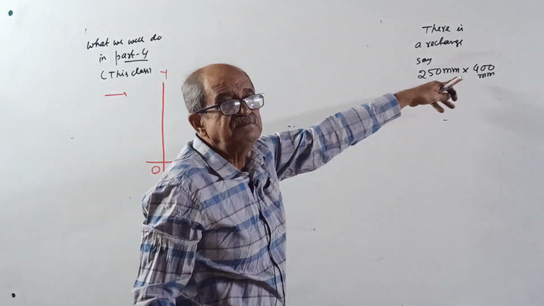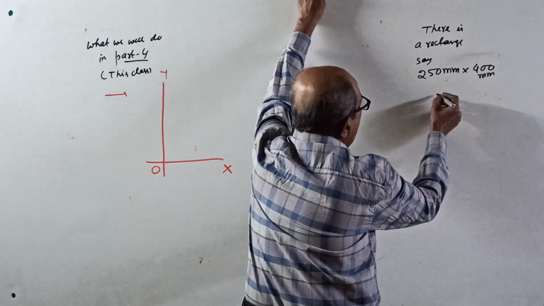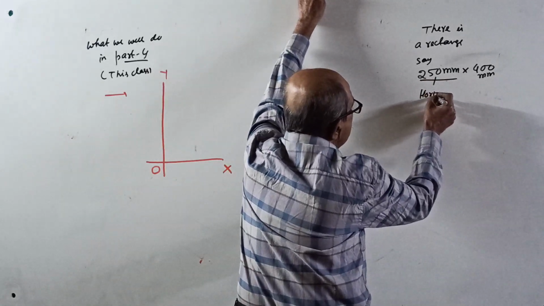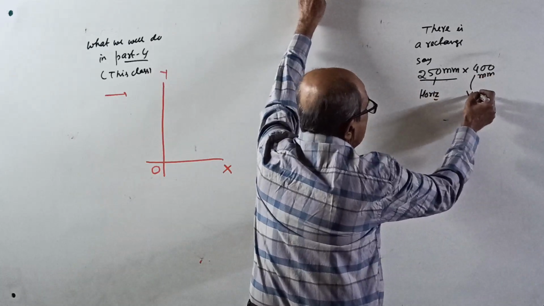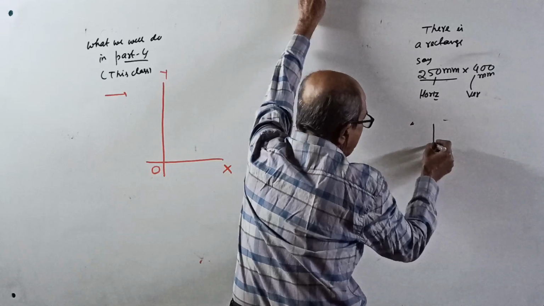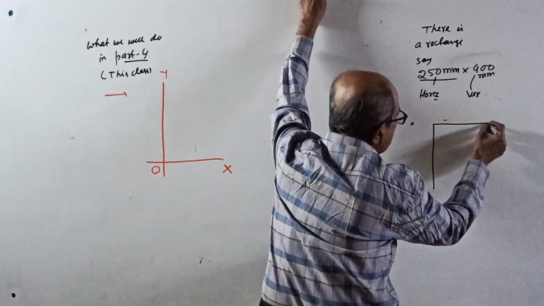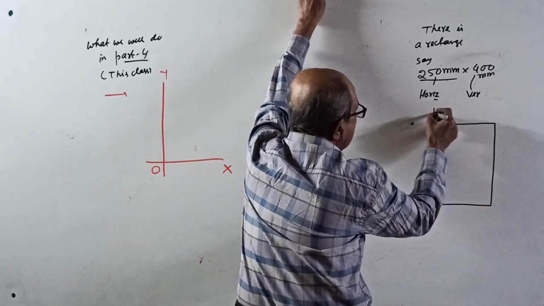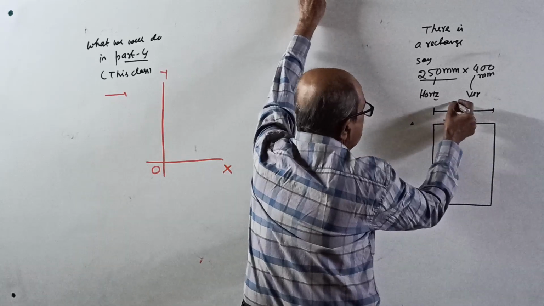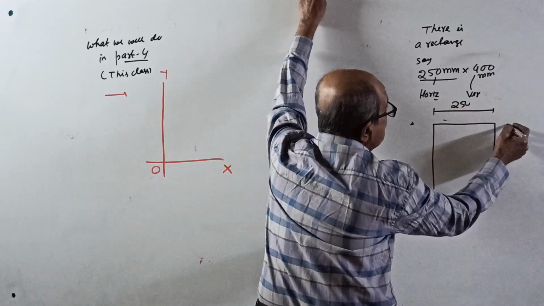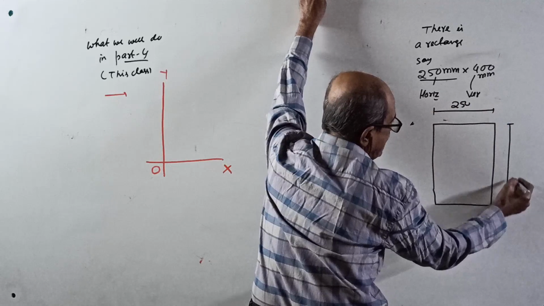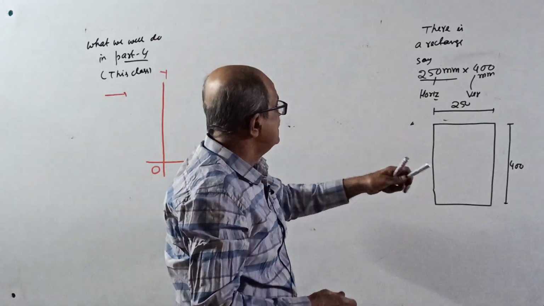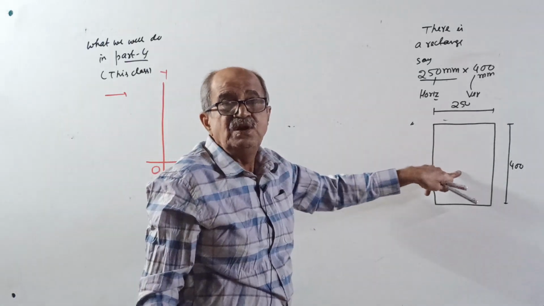See, this way, this 250 mm is horizontal and 400 is vertical. There is a rectangle like this here, somewhat to scale. Later I will write it a little bigger, 250 by 400. Okay, now this rectangle, today that's all.